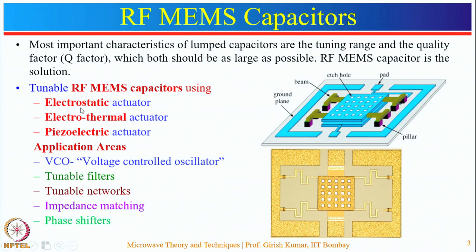Both of these capacitors suffer from low power handling capability, because for a high capacitance ratio the gap should be as close as possible, but it may result in RF breakdown. For the next type of capacitor, the gap can be controlled by a piezoelectric actuator.